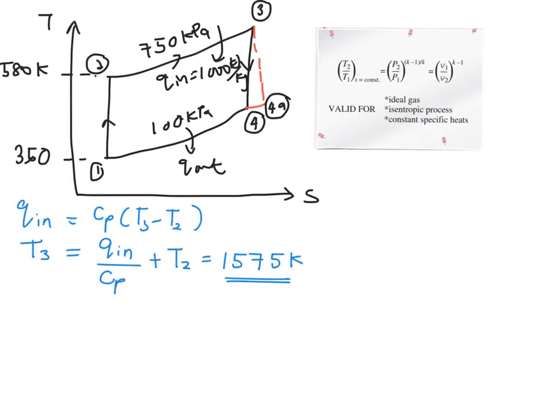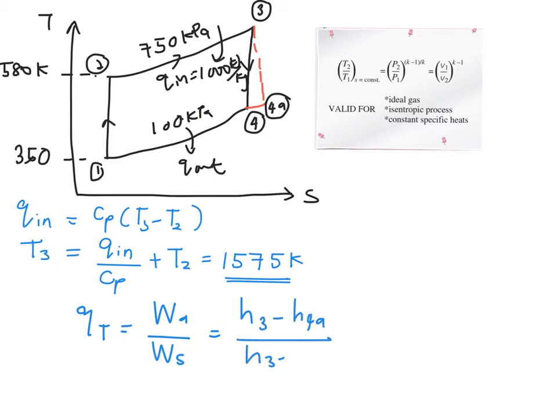So you have the isentropic efficiency of your turbine. It's actually your actual work over your isentropic work. In this case, your turbine is between state 3 and 4A, and it is equal to 85% or 0.85.